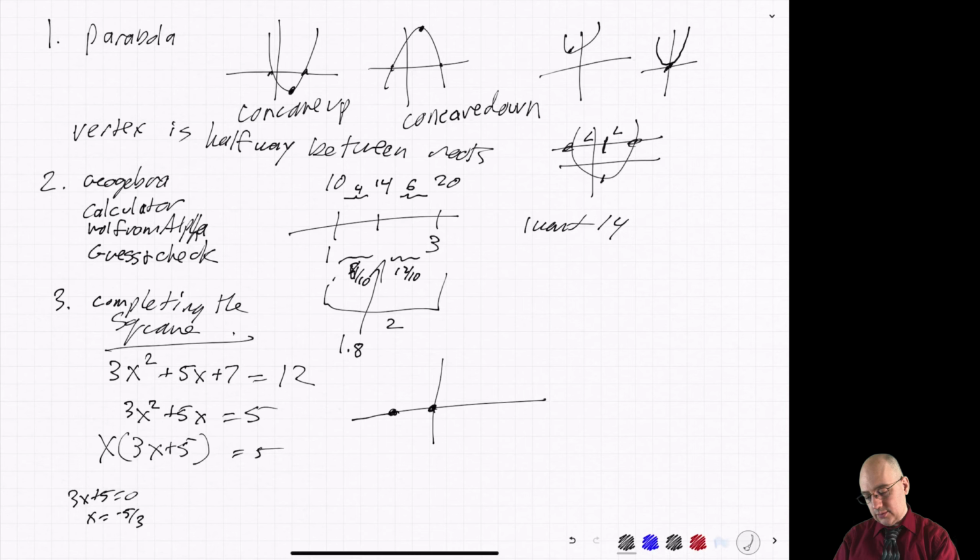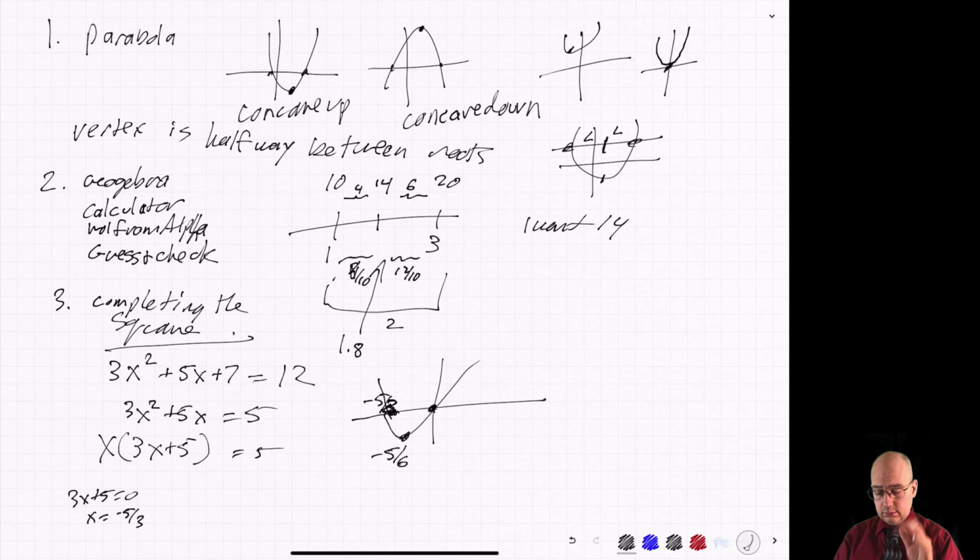So this is my other point, minus 5/3. Okay, and then I have a parabola like that, and again, it's halfway between the 2 points, right? So it's minus 5/6 is that point. Good.